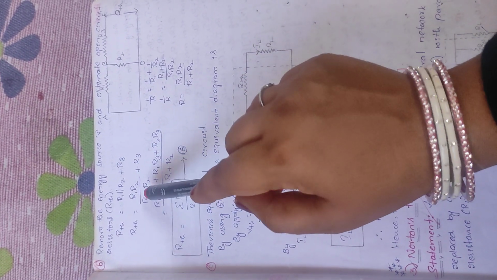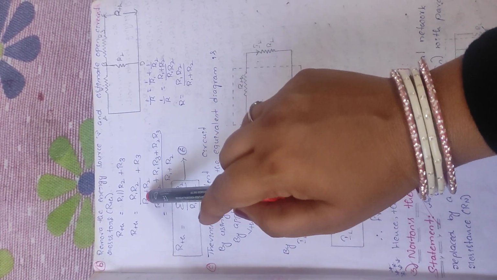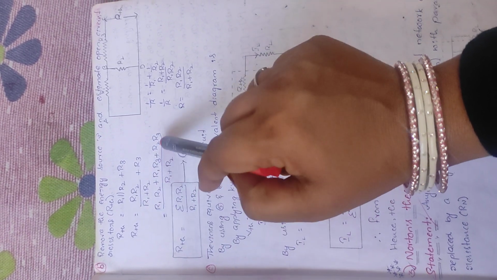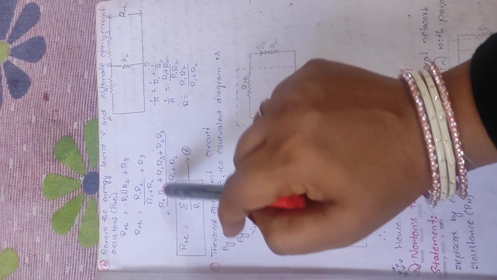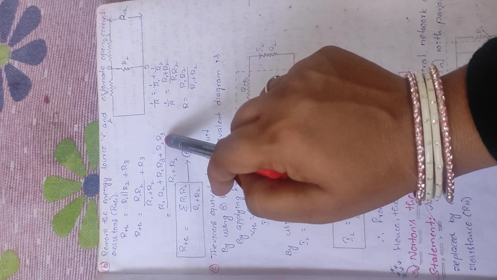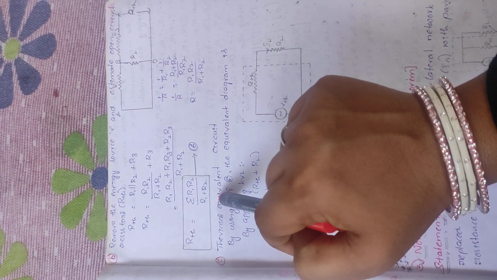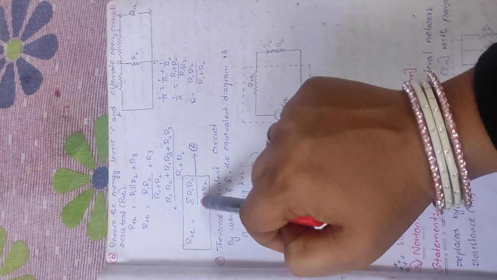By taking the LCM R1 plus R2, R3 will be multiplied with this term, that is R3 R1 plus R3 R2. This becomes sigma R1 R2, because R1 R2 plus R2 R3 plus R3 R1 can be rewritten as sigma R1 R2, by R1 plus R2. This is the value of R Thevenin's.